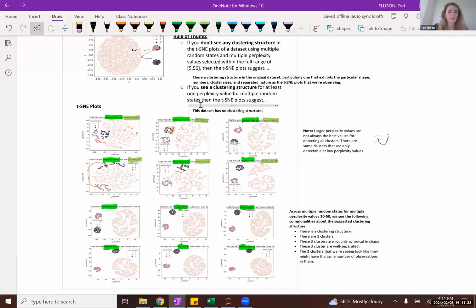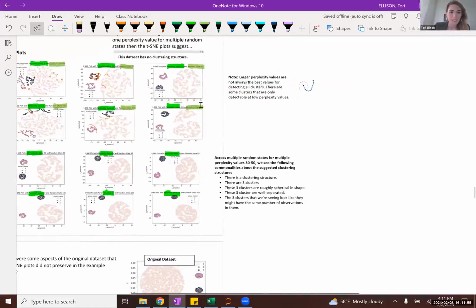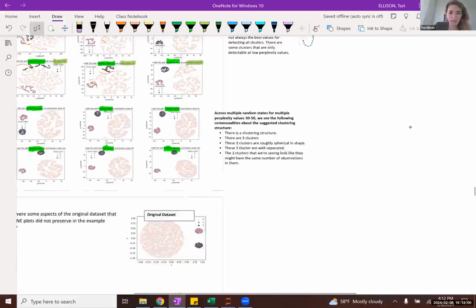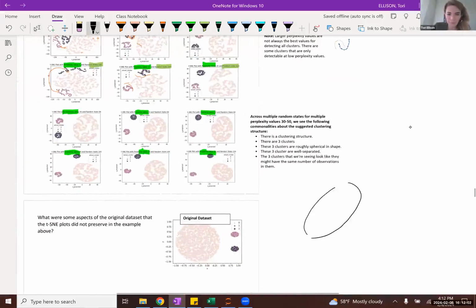Okay. Now, this is again based on some key assumptions that the TSNE plot is making about what makes for a clustering structure, right? So, for instance, if you consider an outlier to be a cluster, say you have a cloud of points here, and then maybe you have like 5 points here.